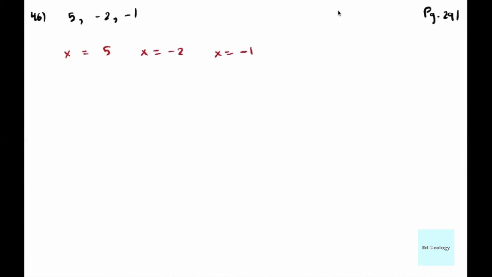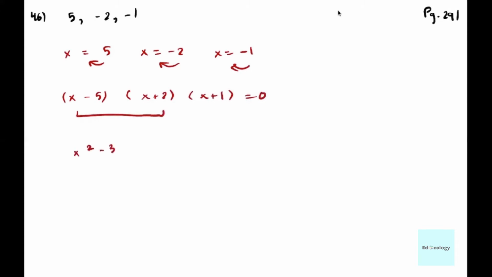Then you take each number to the other side. Okay, here it will become x minus 5, here x plus 2, and here x plus 1 equal to 0. You multiply these two, and you will get x squared minus 3x minus 10. Then you multiply this by x plus 1, and you will finally get your answer as x cubed minus 2x squared minus 13x minus 10.